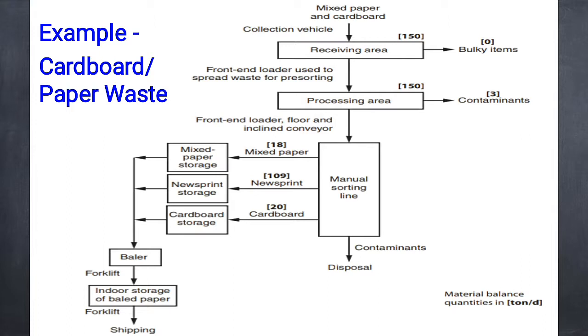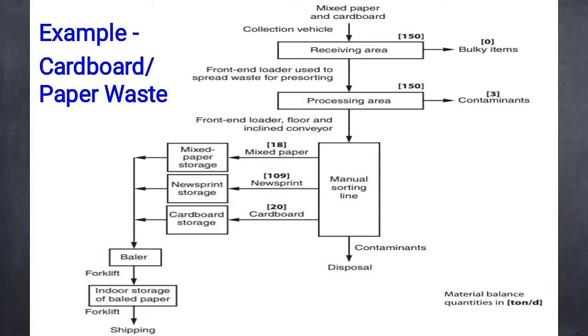Even in the processing area, it will undergo a segregation process, where they do pre-sorting, that is, any contaminants are removed and only usable things are kept. Then it will be sent for manual sorting with the help of the front end loader or conveyor belts.